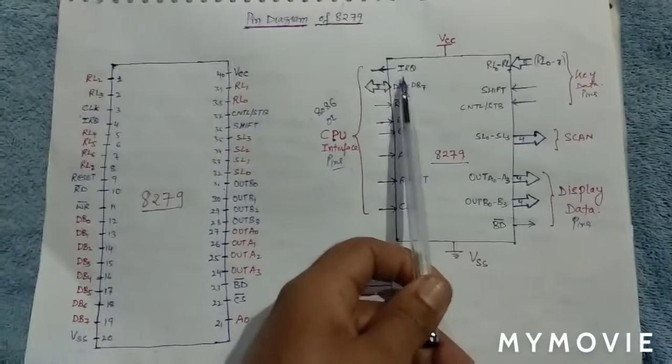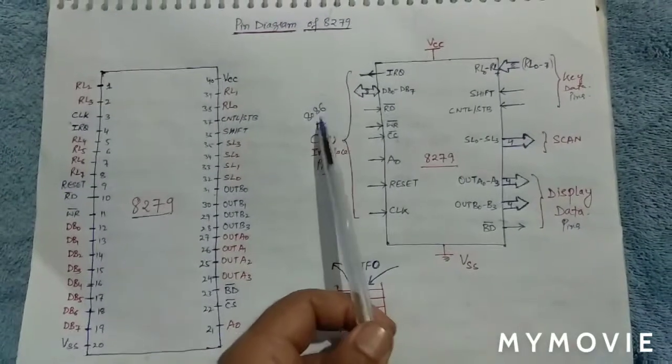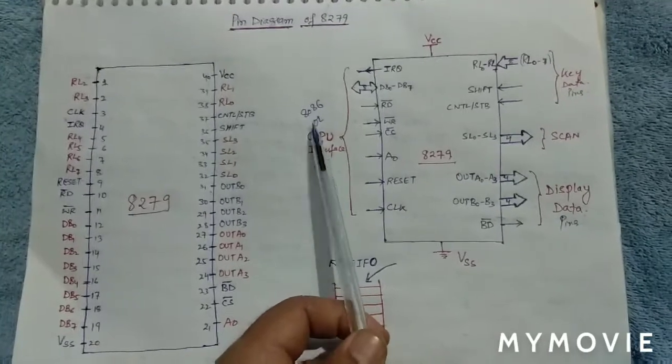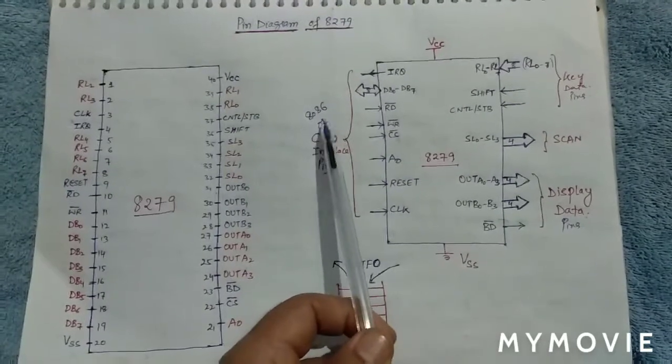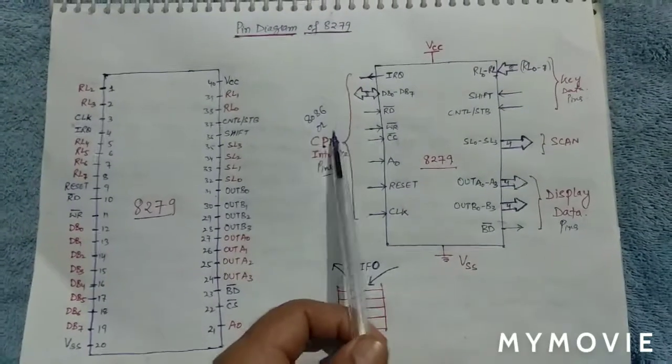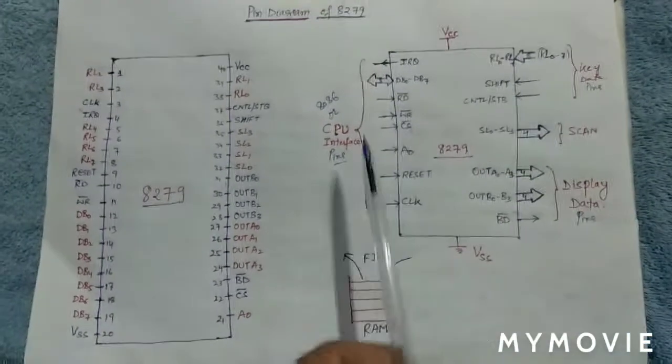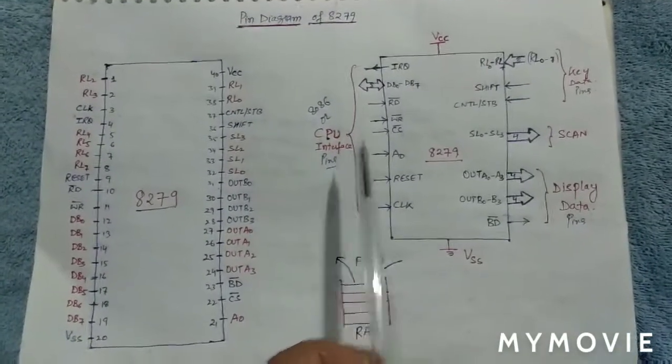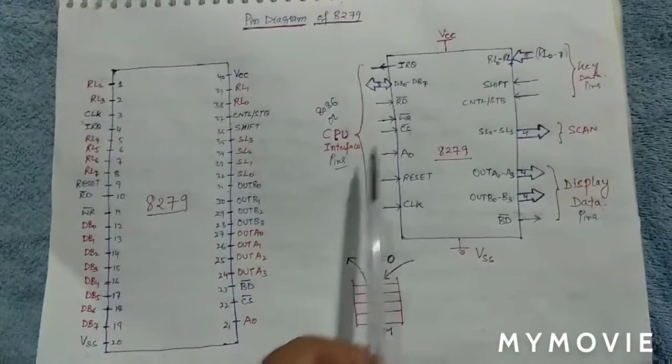So this pin interrupts the 8086 processor and tells it that data has to be moved from the keyboard to the processor.